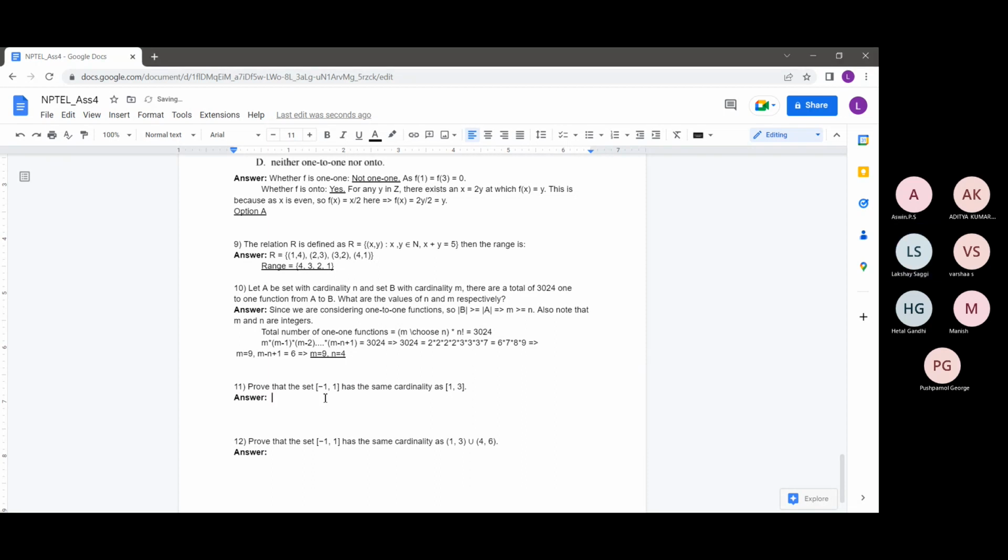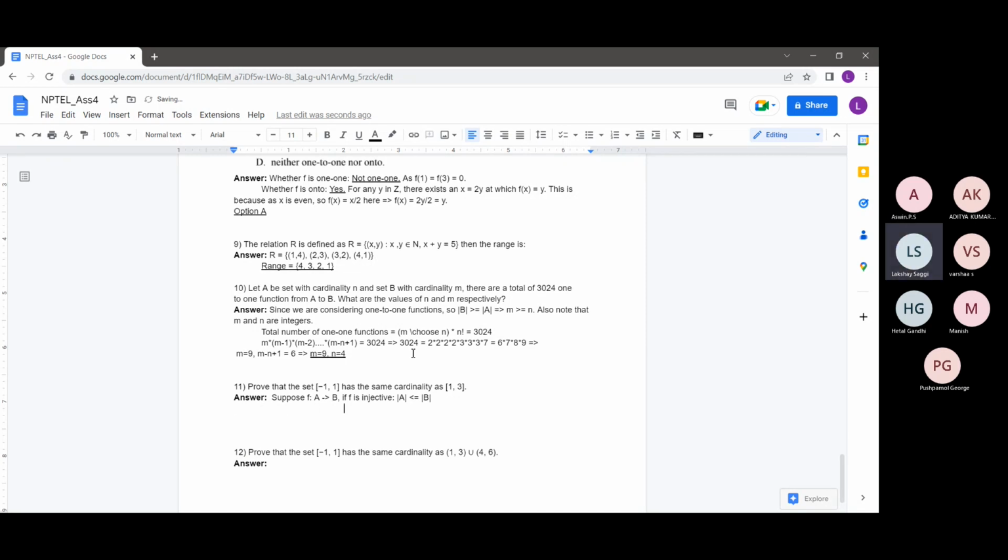Suppose f is a function from set A to B. As we have studied in lectures, if f is injective, basically one-one, then the cardinality of A is less than or equal to the cardinality of B, right guys?